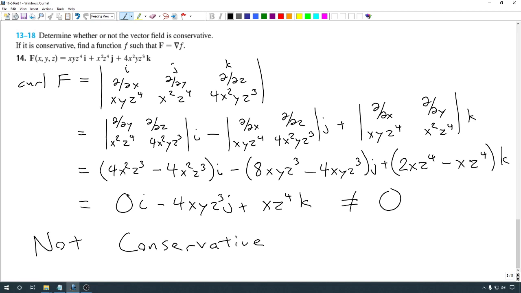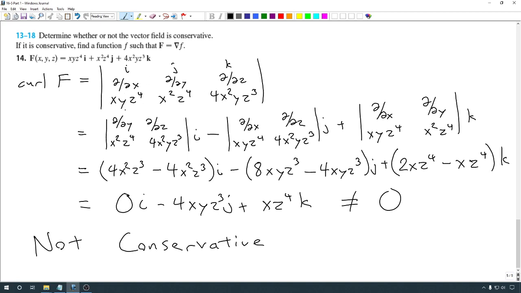It actually turns out that this one isn't too far off from being conservative. The very fact is that if this had an additional 2 in here, then these would actually cancel out. We'd have an 8 here instead of a 4. And if we had an additional 2 here, this would be a 2, and these would cancel each other out. Well, those are exactly the same thing.